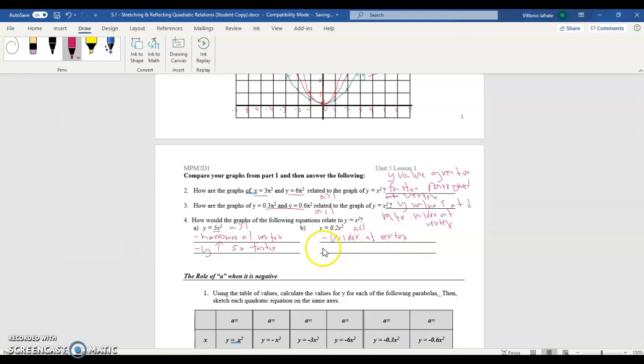And what's basically happening is the y values are increasing more slowly. So y values increase at a rate of 0.2 compared to the y is equal to x squared.